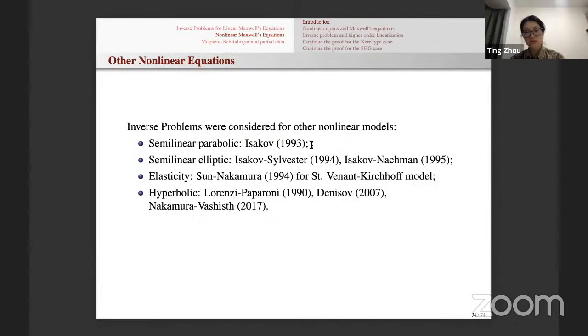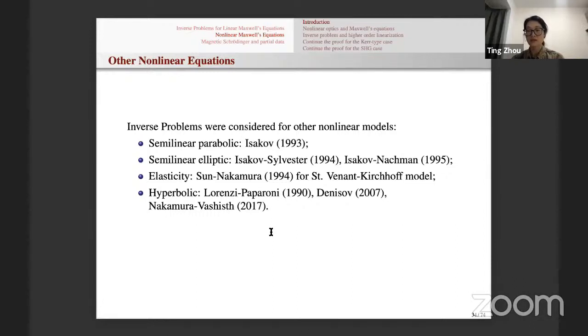Then this method was developed to show the inverse problem for other equations like semilinear parabolic equations, semilinear elliptic equations, for some cases elasticity systems, and for hyperbolic inverse problems where you consider wave equations. But all these results use only first order linearization.